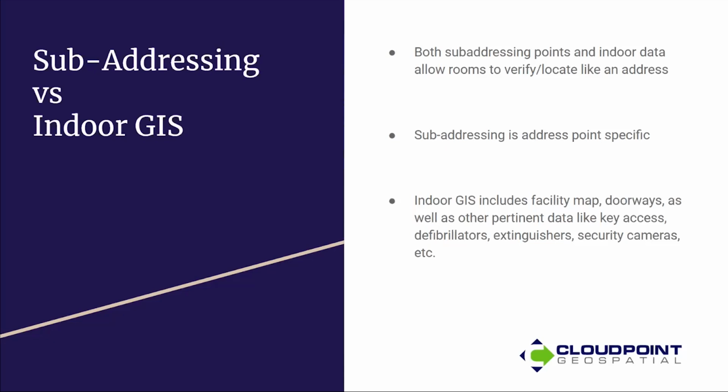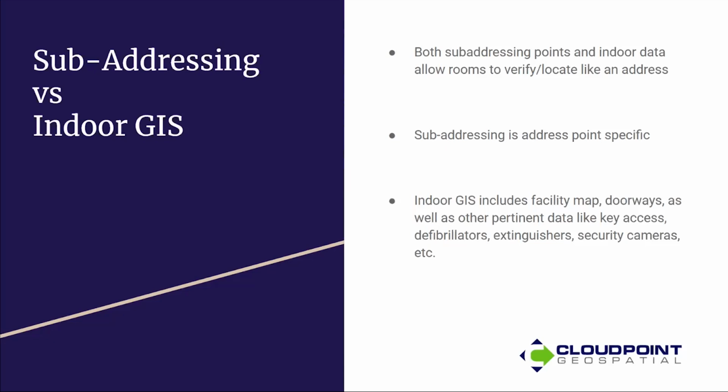It should be noted that while both sub-address points and indoor data allow verification or location of an address, the additional information of what that building looks like on the inside is really the advantage of Indoor GIS.